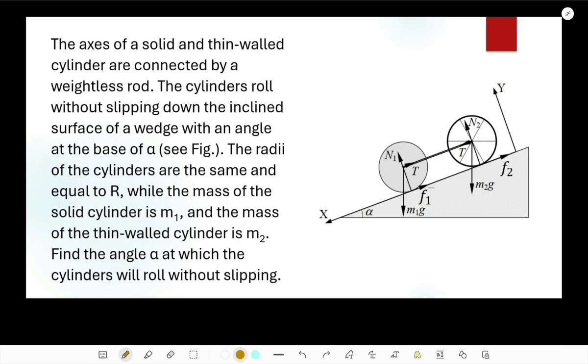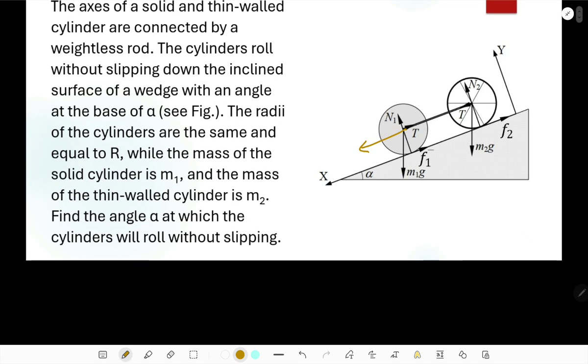Let's write one. I'm going to write the equation of motion of the center of mass of the solid cylinder first. So I'm going to write down the projection of M1g along the x-axis.